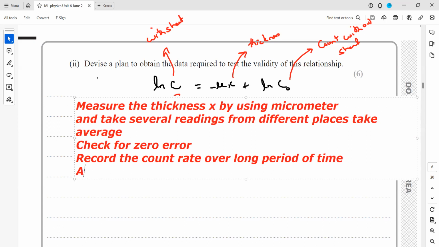Then add or place aluminium with known thickness.